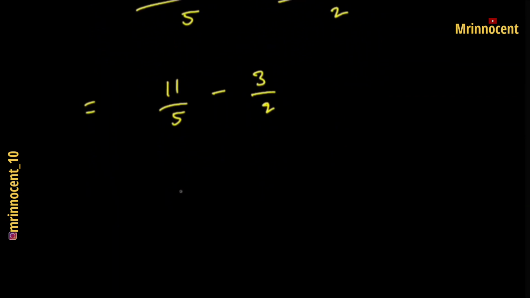So the LCM here is 10. 5 into 10 is 2, times 11 is 22, minus 2 into 10 is 5, times 3 is 15. Equals 22 minus 15 is 7 over 10.